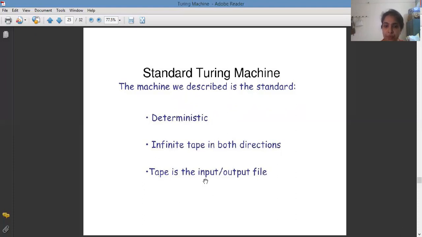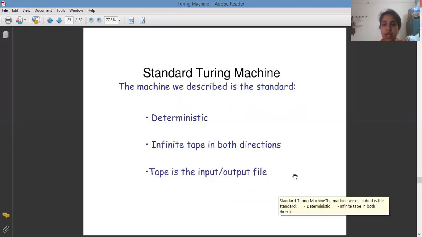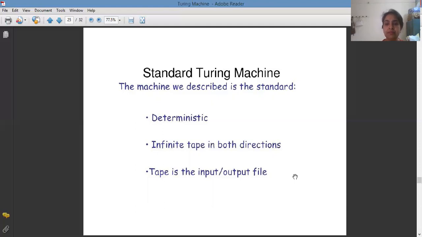The tape has the input, and when I say output-producing, you can produce output and the same output can be written onto the tape. Very soon we will be learning the variants of the Turing machine: the non-deterministic Turing machine, multi-tape Turing machine, universal Turing machine, and doubly infinite tape Turing machine.